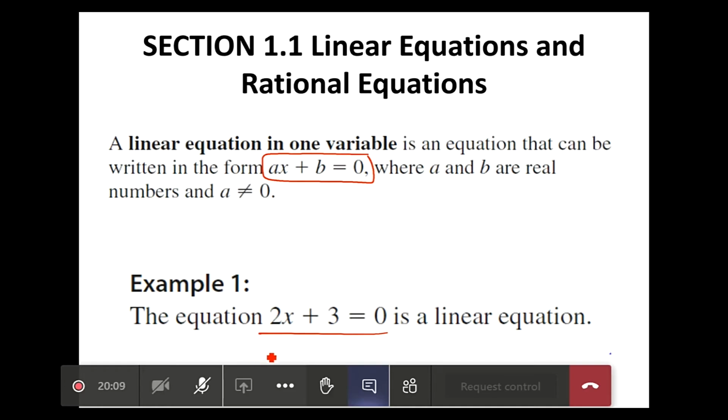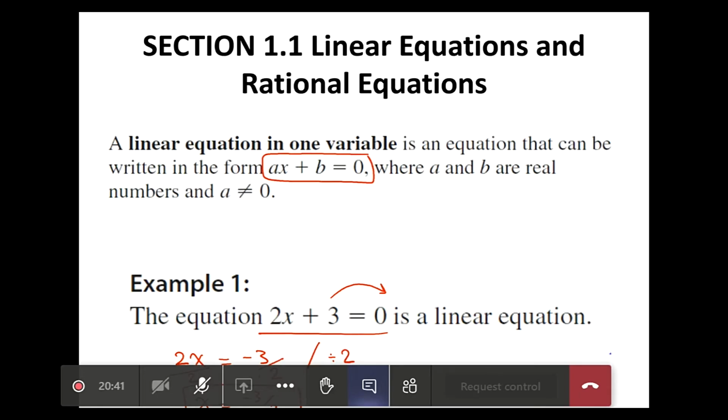We can solve it: 2x equals, and move positive 3 to the other side, so we have negative 3. Now the coefficient of x equals 2, so we must divide by 2. After dividing by 2, we have x equal minus 3 over 2.